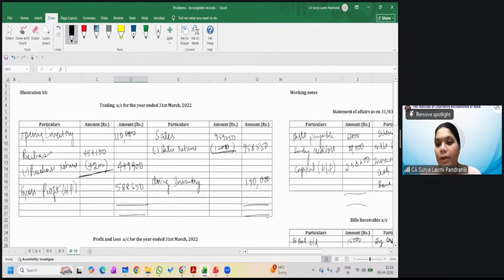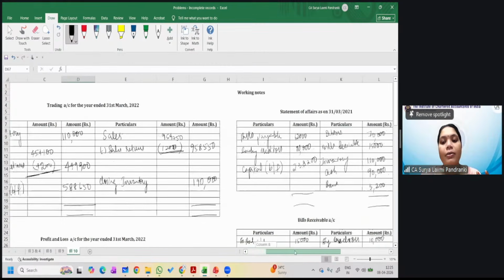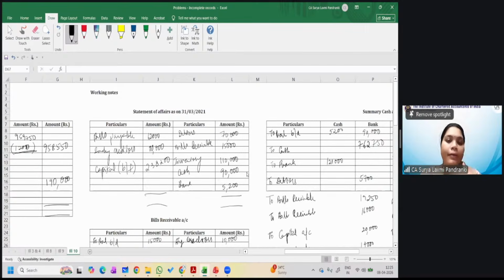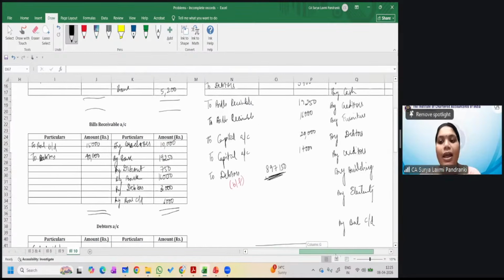It's a very long question. The only difference between this question and the previous question that we have done is that all of them we have done in the same way, by doing the statement of affairs and then doing the sales account and everything. But the main difference here is about the bills receivable and payable. This question had all the bills receivable and bills payable things included, and also the cash and bank account.